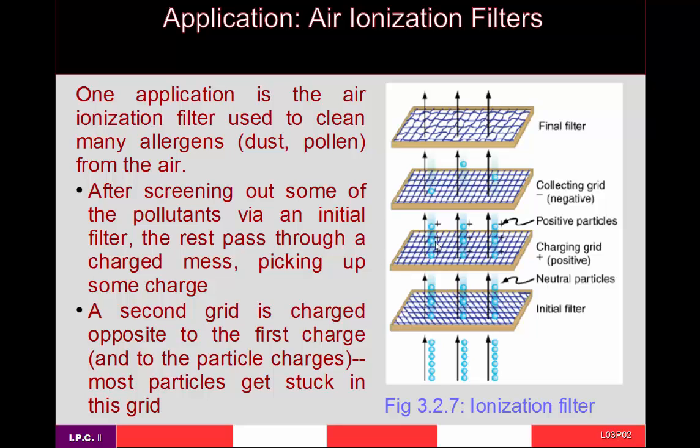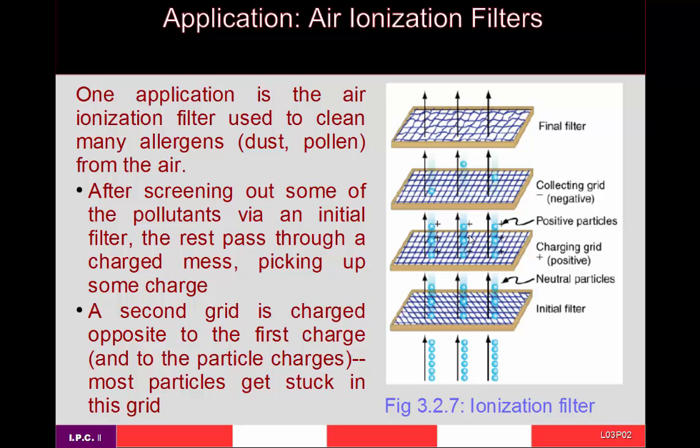One way of going about doing that is to have a second grid that the air passes through that is positively charged. As the dust particles pass through the grid, they pick up the positive charge that the grid is holding. They strip off a few electrons, or lose a few electrons to some of the existing holes in the atoms on this grid.